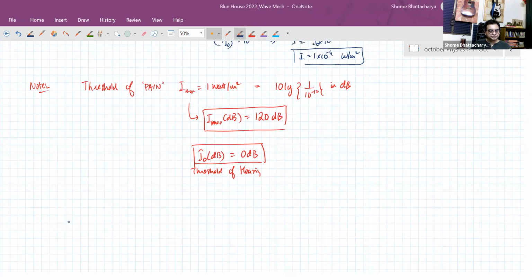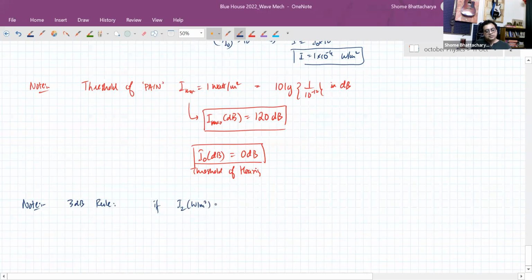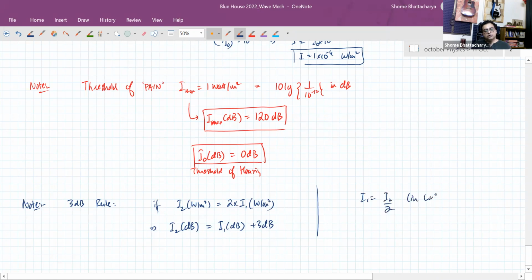And another thing, the 3 decibel rule. That is, if I2 in watt per meter square is double of I1 in watt per meter square, then I2 in decibels is I1 in decibels plus 3 dB. Or the inverse of this, that I1 is equal to I2 by 2 in watts per meter square, so I1 in decibels is equal to I2 in decibels minus 3.